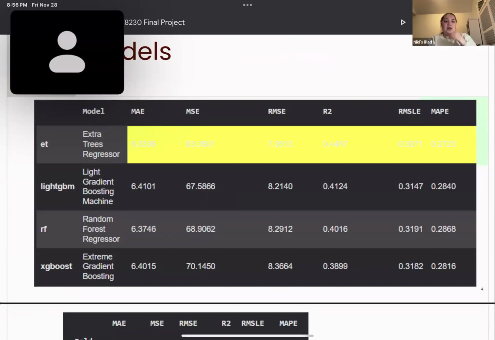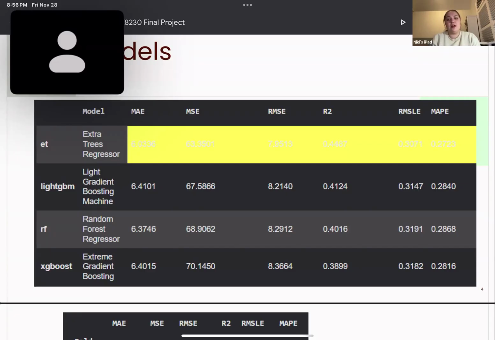As you can see, the best model that was used for this project was the extra trees regressor. The values of MSE, the mean squared error, and the root mean squared error, as well as R2, R squared, were the best for the extra trees regressor.